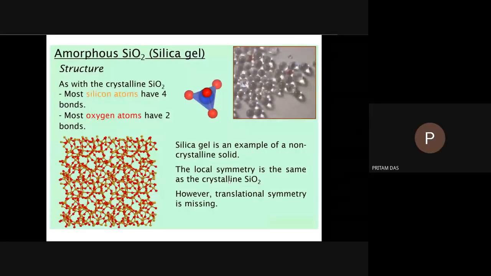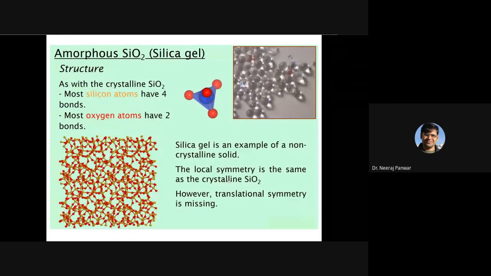So what is the local symmetry? By local symmetry, we mean if we look at a nanoscale, at a very small distance of the order of angstroms, and we compare a single crystal of SiO2 with the amorphous structure of SiO2, then we have some periodic arrangement.